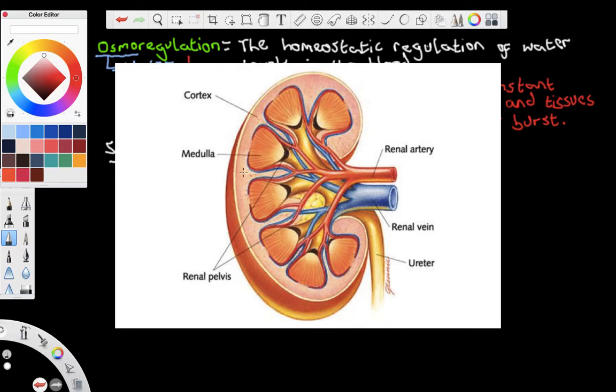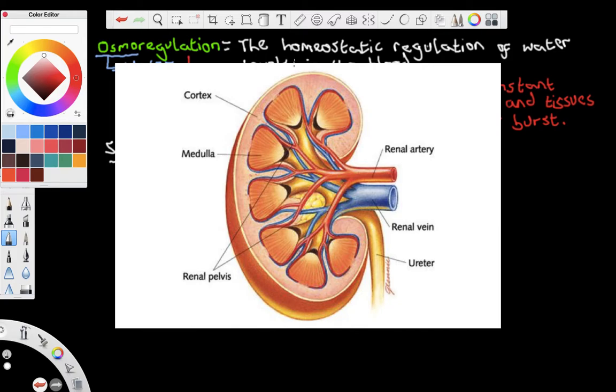The medulla, which is the darker areas, so the medullas are these triangular dark areas, these are made up of the loops of Henle, collecting ducts, and also blood vessels. We also have the renal pelvis, which would be found down further in here, and the renal pelvis is a funnel-shaped cavity that collects urine.